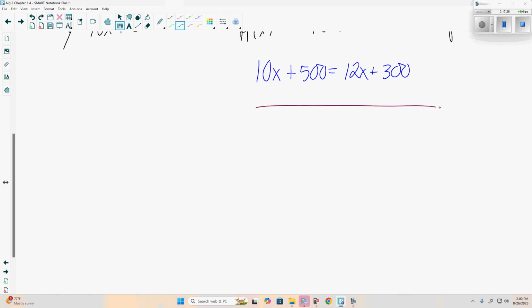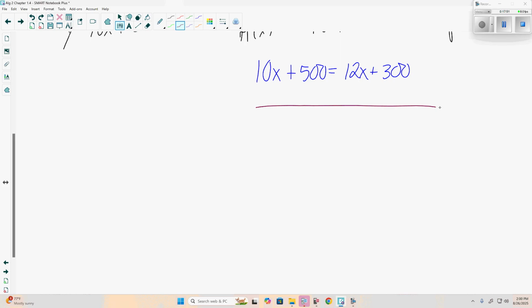What can we do first? So we're going to need to move the x's over or the numbers to one side. So what can we do first? All right.